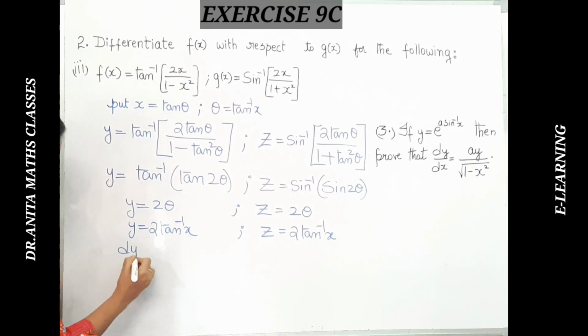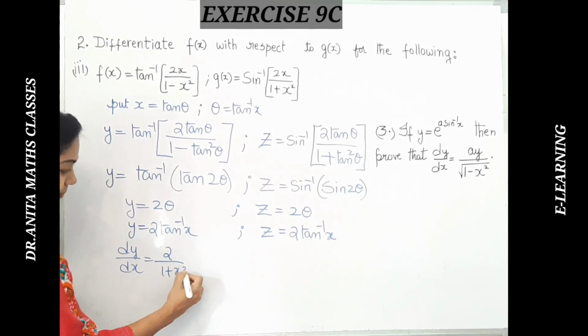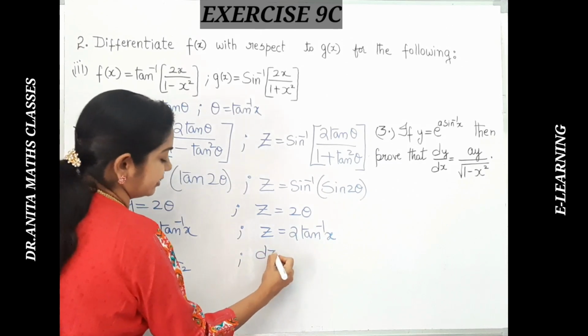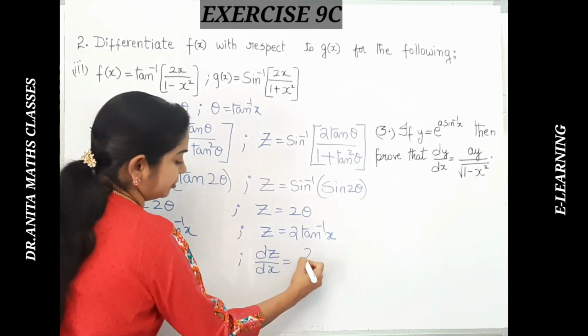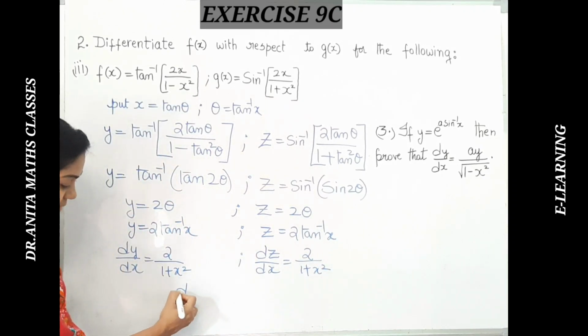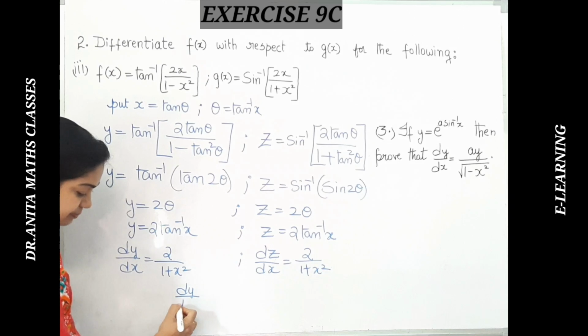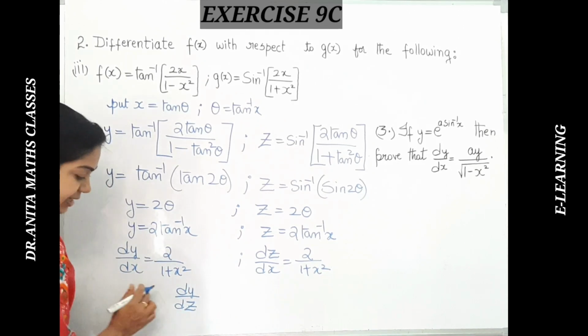Right. Now let us find out dy by dx. Differentiating with respect to x, this is 2 times the derivative of tan inverse x, which is 1 by 1 plus x square. Here again the same thing will come because the functions are same, 2 by 1 plus x square. So what do we get? We have to differentiate with respect to the second function, dy by dz we should get.